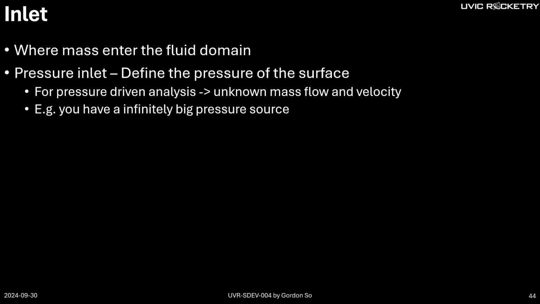For example, you have an infinitely big source. Say you have a pool and you want to look at how the flow would go out, but you don't want to model the whole thing because it's too complicated. So you look at this duct and say, whatever hydraulic pressure we have here will be my pressure inlet. That is the meaning of pressure inlet.